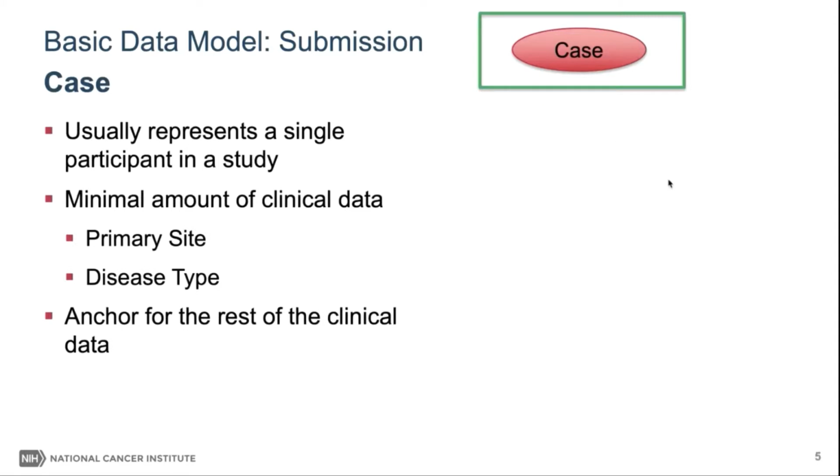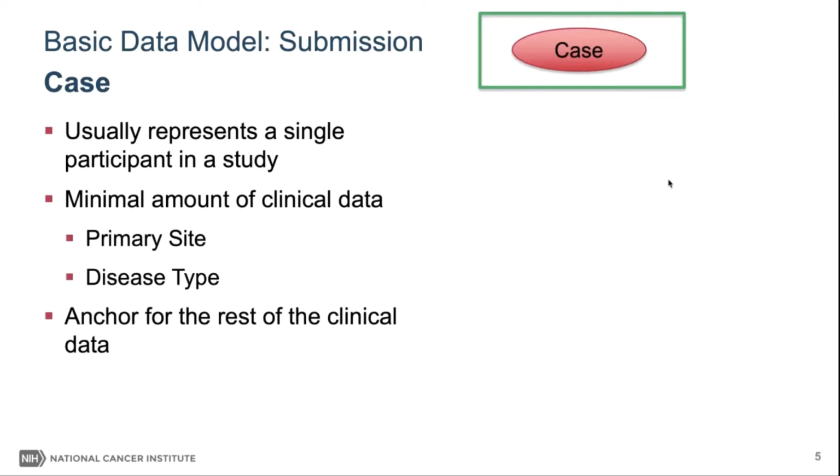The first portion of the submission data model I would like to tell you about is the case. The case usually represents a single participant in a study, and I say usually because it can sometimes refer to something like a cell line and not a living patient.